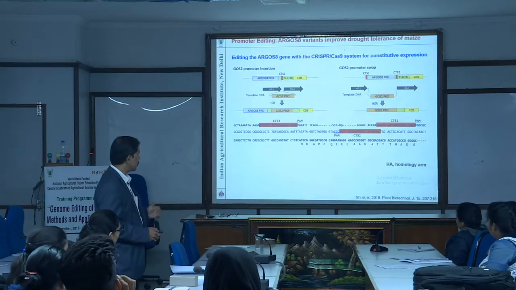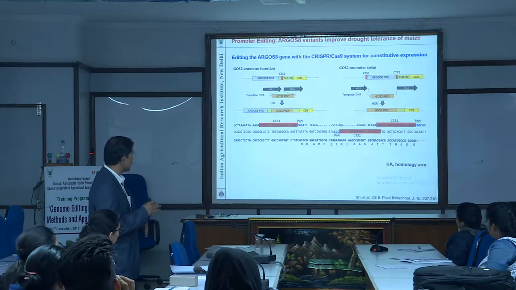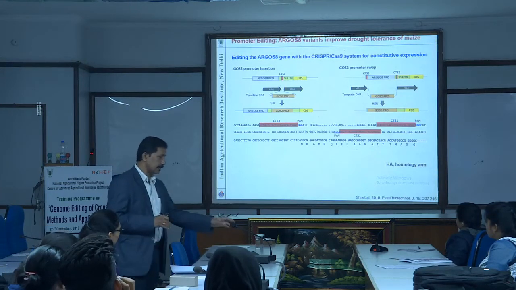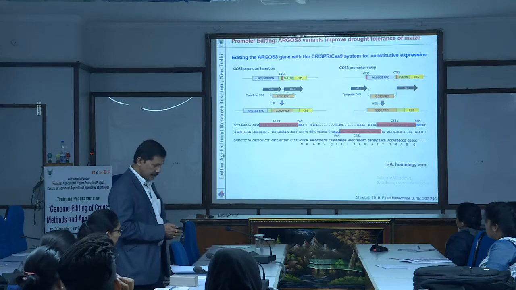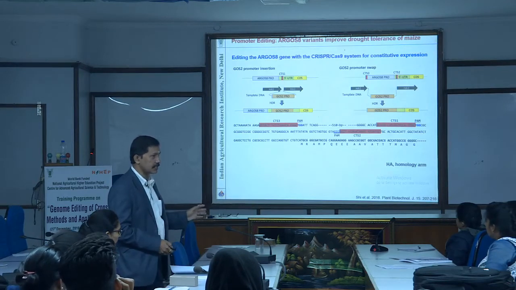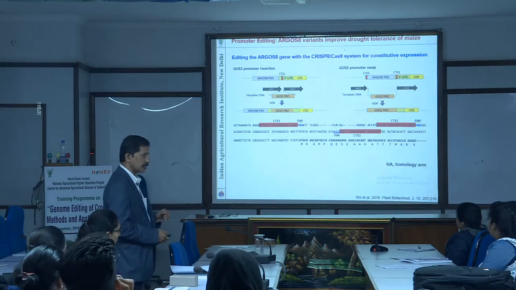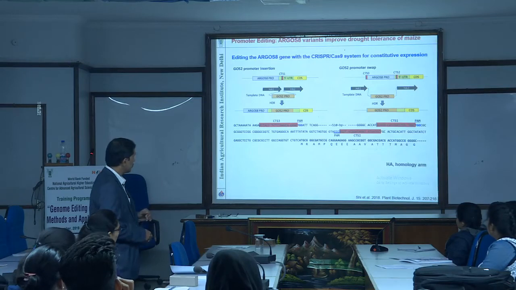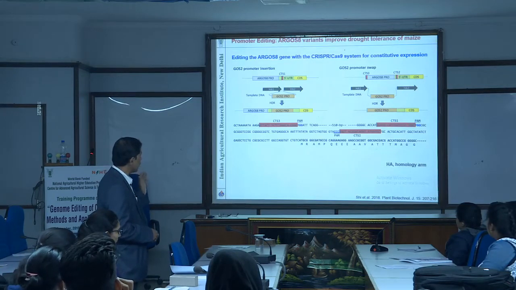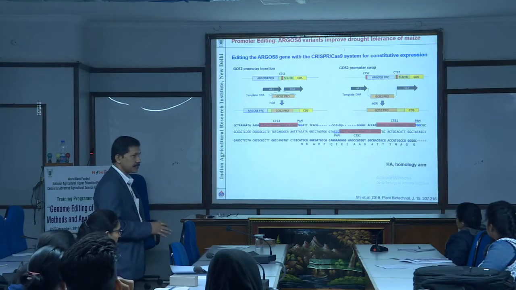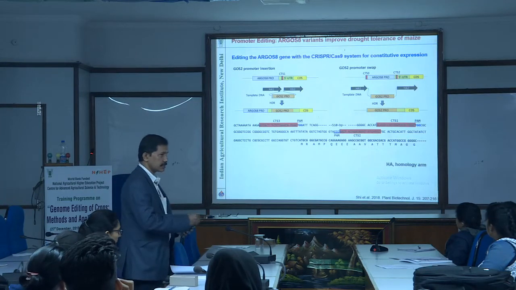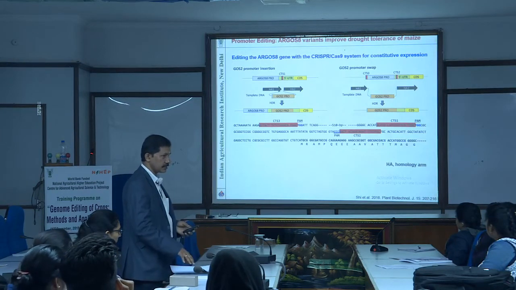Otherwise, promoter editing is very good, because if you study many of the stress responsive genes, in some tissue they are highly induced, in some tissue they are not induced. So you can identify the promoter elements that specifically drive the stress responsive expression and leave the constitutive expression.